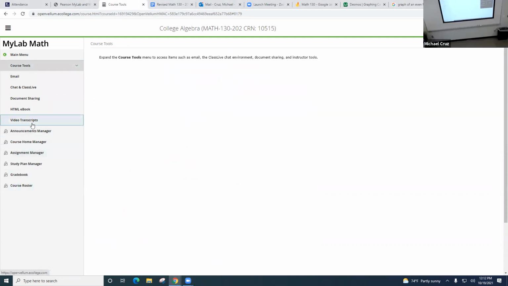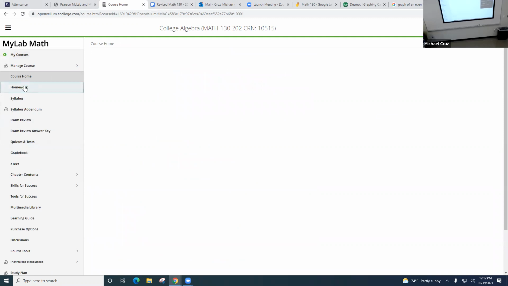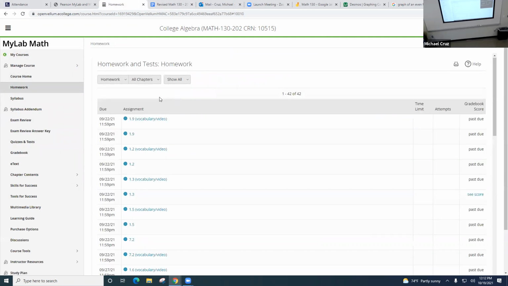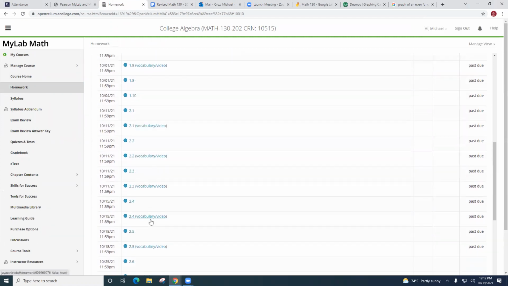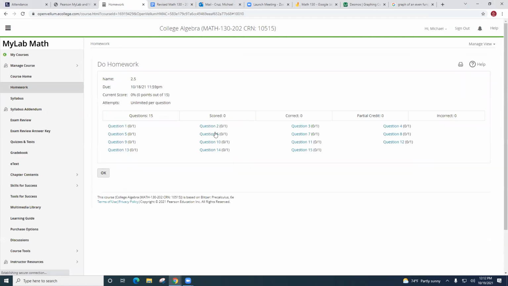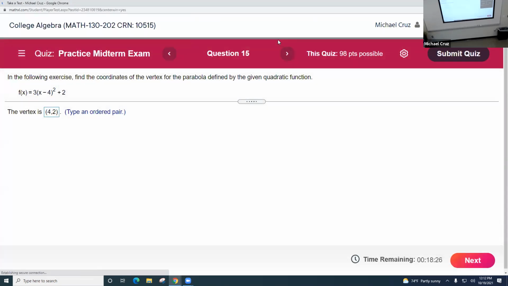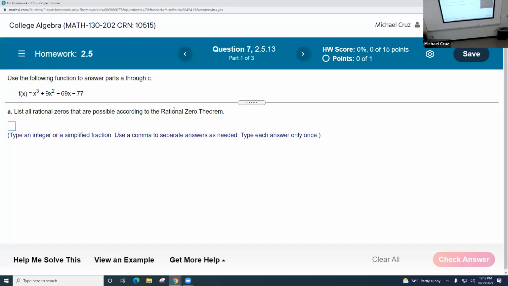Let me see if I can find it real quick. Because I want to get a picture in my head. So it was 2 point what? 2.5. And it was which question? 7. Okay, that's what I thought it was.